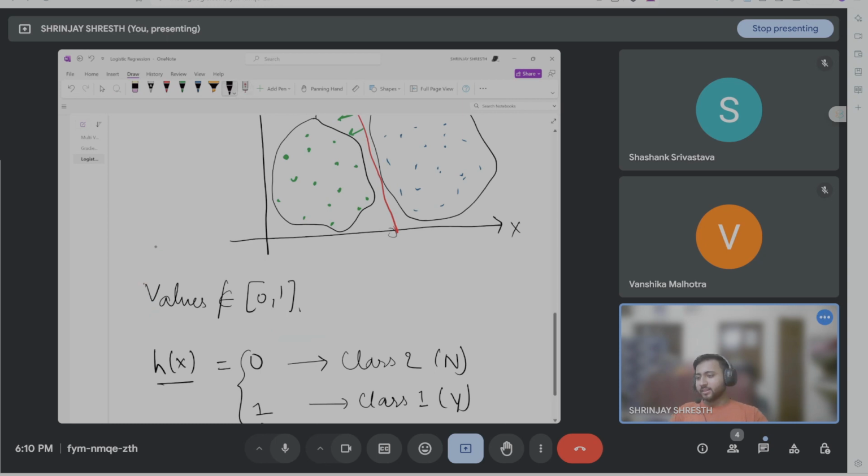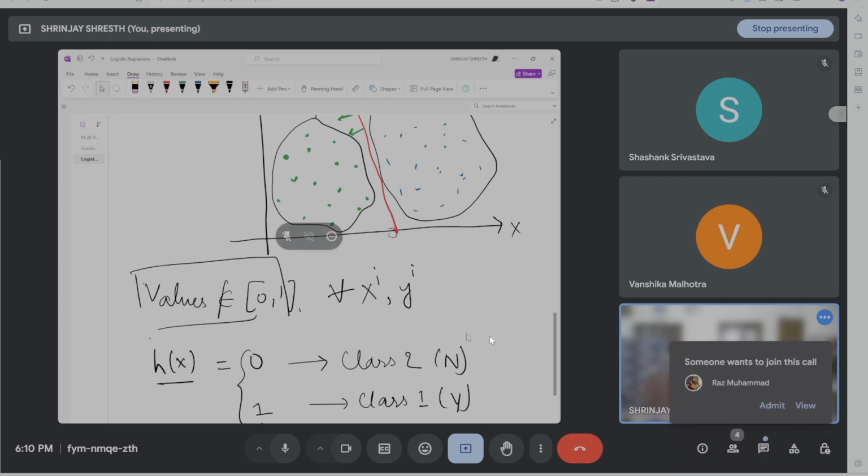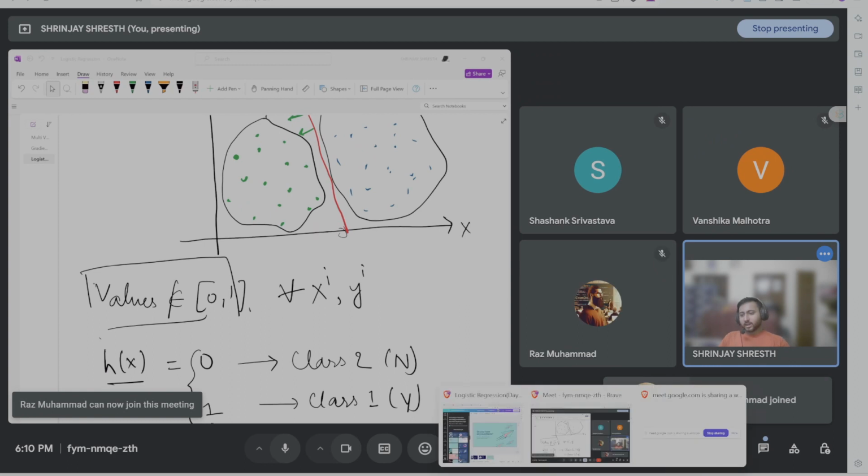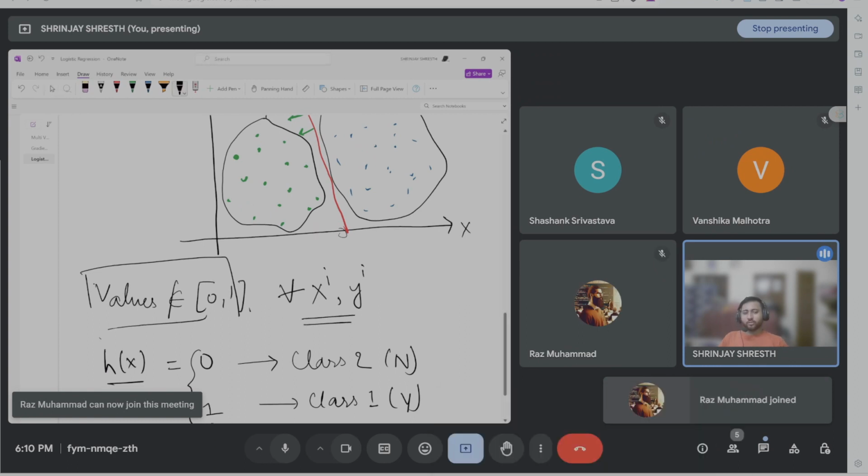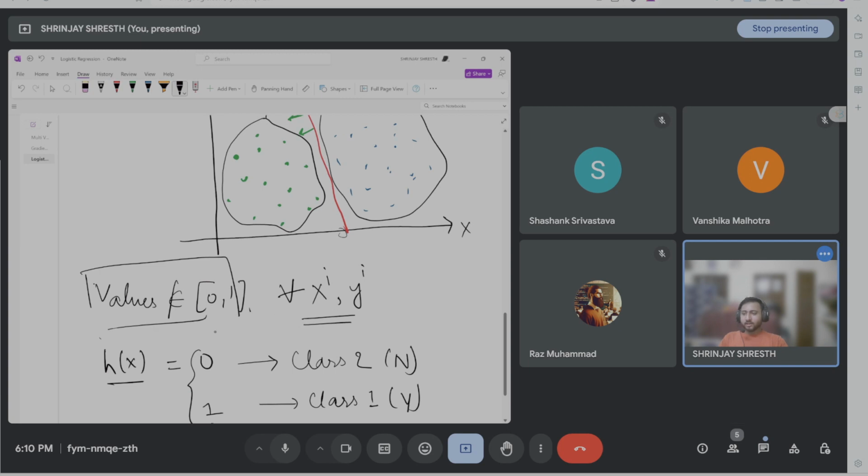What I say, that this will not hold true for all values of xi comma yi. Whatever value you may take for xi and yi, your linear regression problem, your linear line would never be able to map this in this codomain.